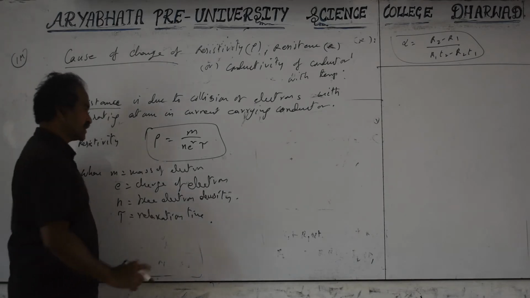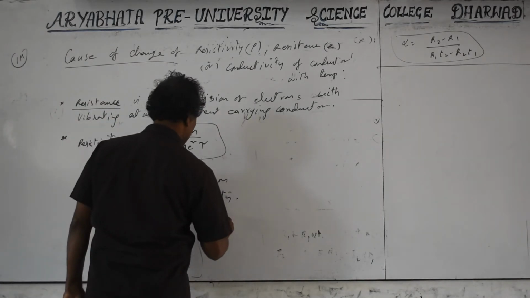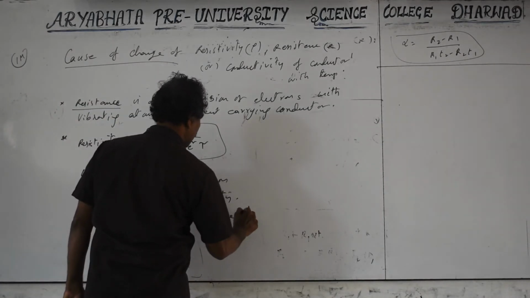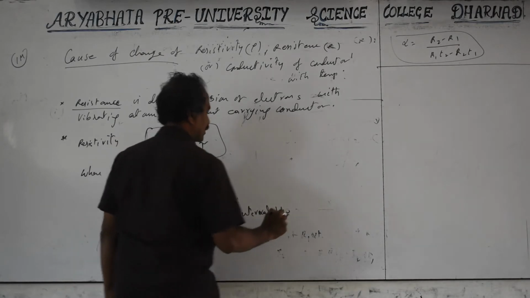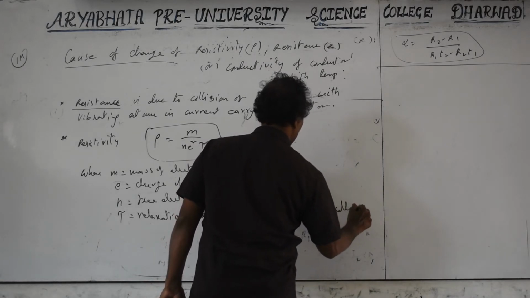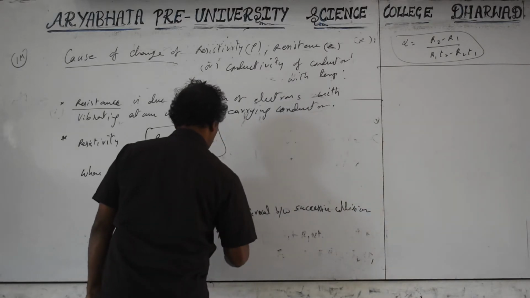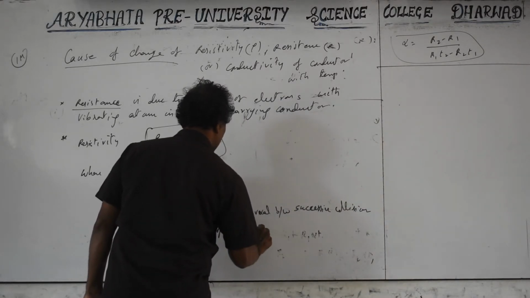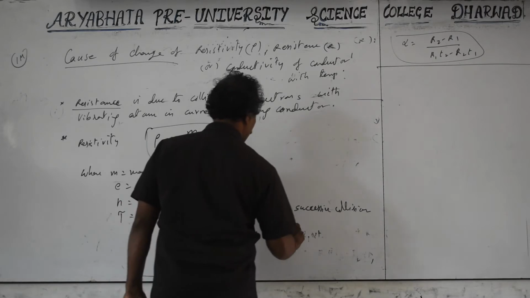What is this relaxation time? It is the time interval between successive collisions of electron with the vibrating atoms.